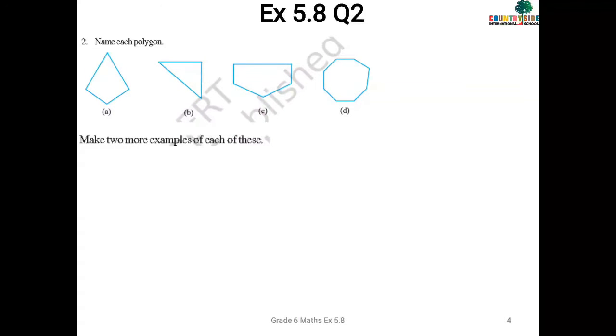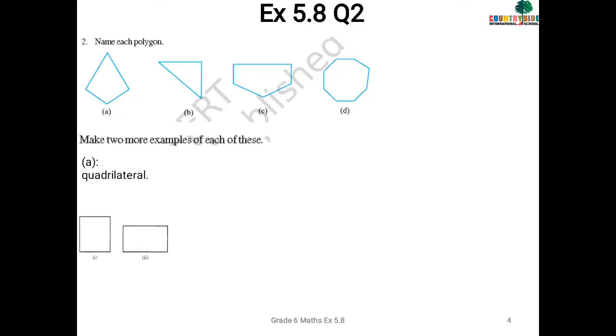So focus on the A part. How many sides does it have? 1, 2, 3, 4. So 4 sides means what? Yes, quadrilateral. Now you have to make two more examples of these shapes. Quadrilateral means any figure that has 4 sides, so here you can make one rectangle and one square that have 4 sides.